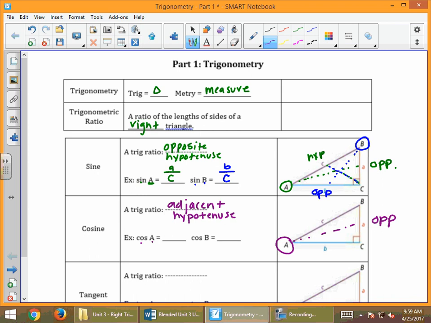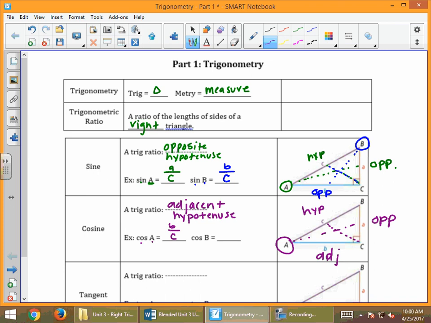Go to my 90 and go across. That is my hypotenuse. The side left over is always going to be our adjacent. It's kind of nice. We said the ratio is the adjacent side over the hypotenuse, so it's going to be B over C.